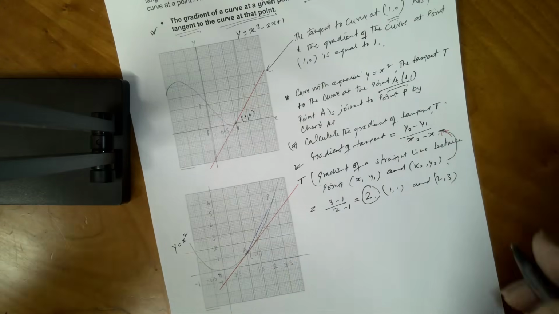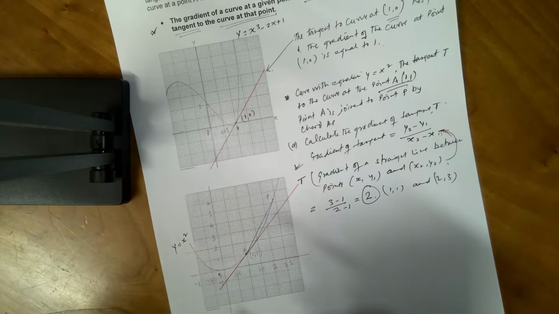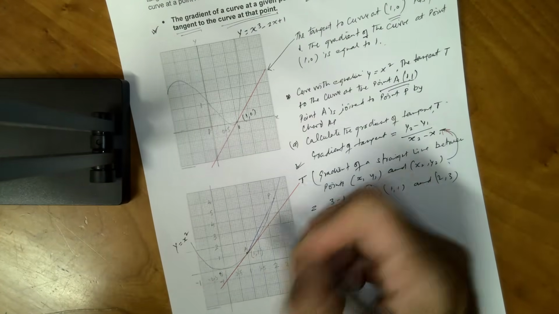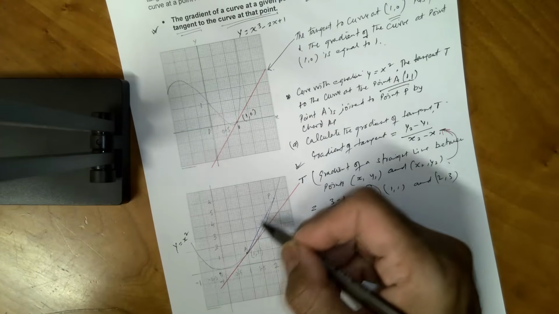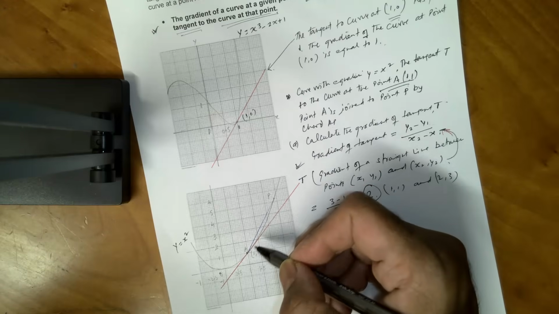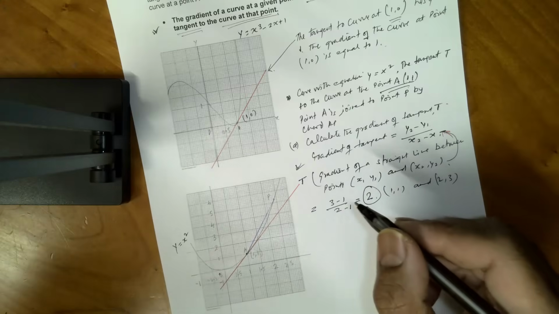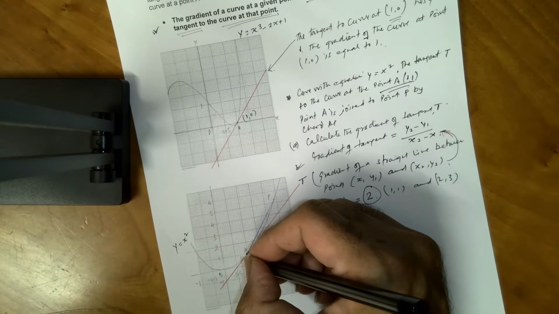Okay, let's move on. Now what we're going to do is calculate the gradient of the chord AP. We have the gradient here, we have the tangent one, and we need to find the gradient of AP. When P has a coordinate, you know the A coordinate.